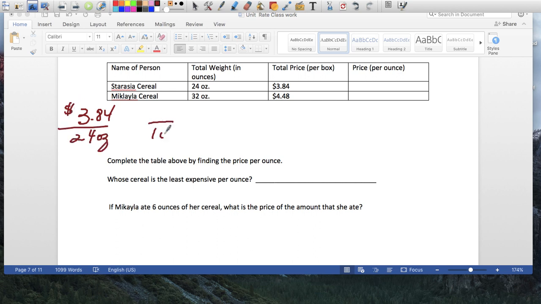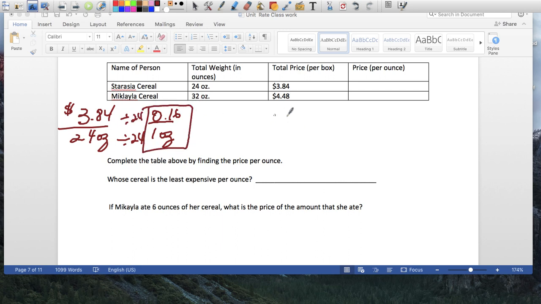We want to find 1 ounce, so we divide by 24. 3.84 divided by 24 is 0.16, or 16 cents. So that's the unit price for Starisa.